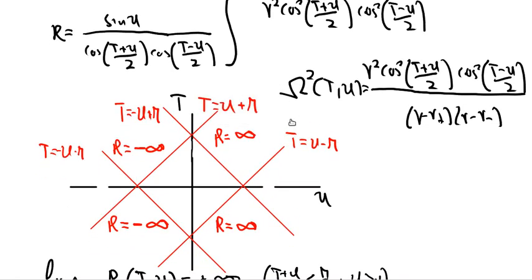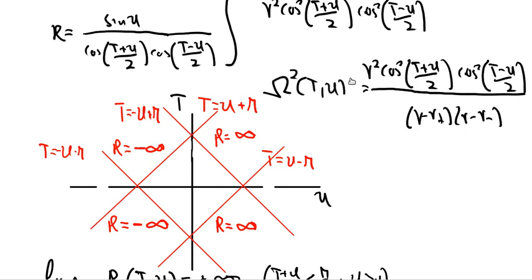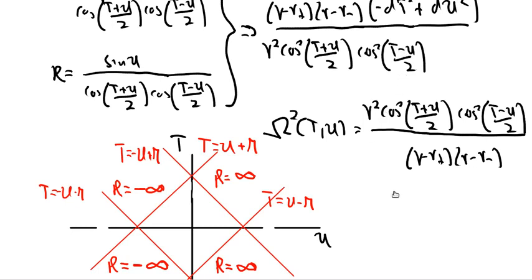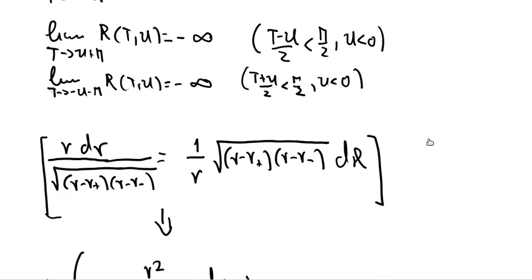Let me just move this to make a bit more space. It's also important to consider for each region the sign of the conformal factor, because that will give us the time orientation.